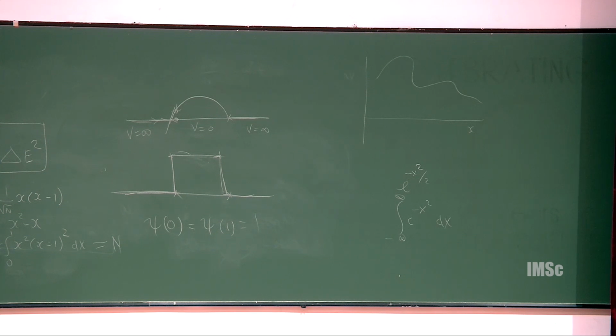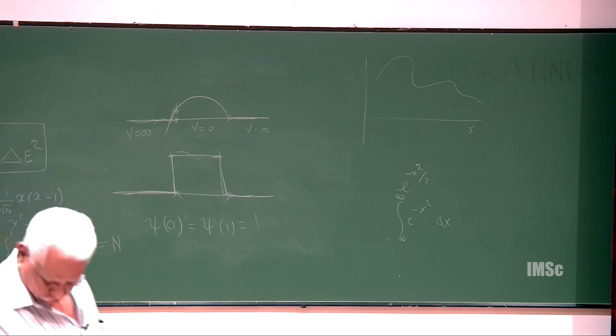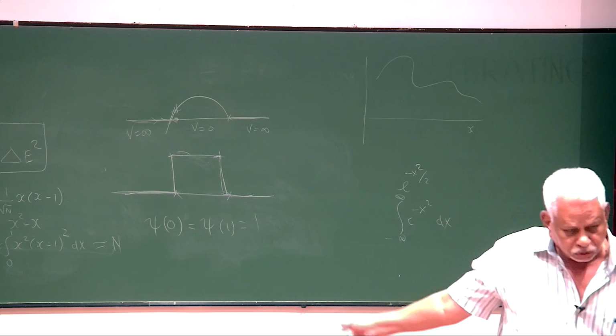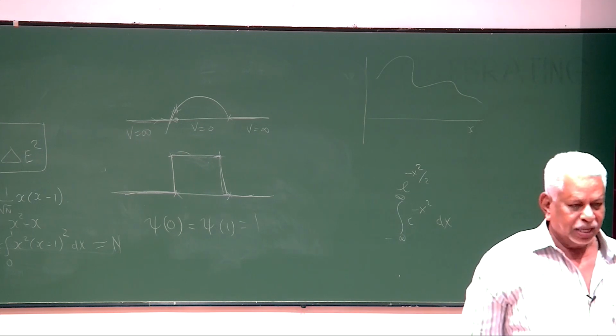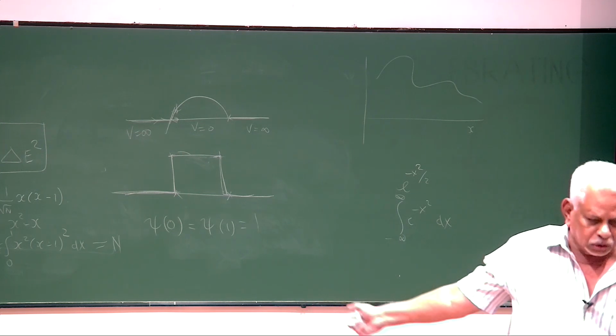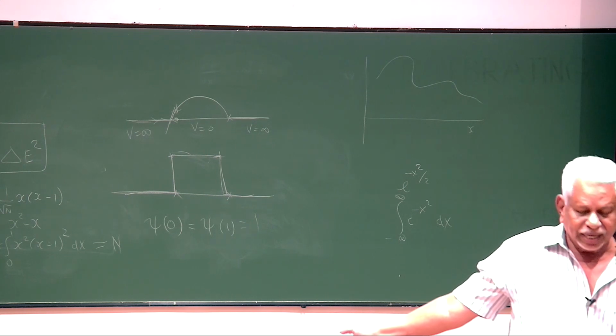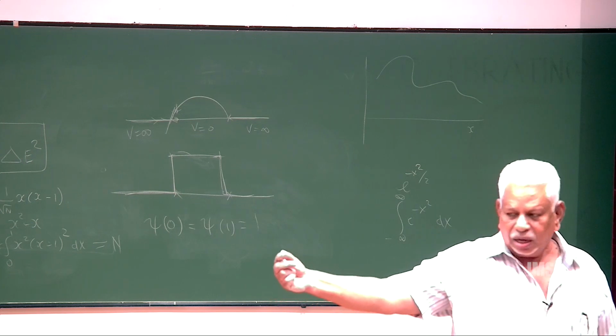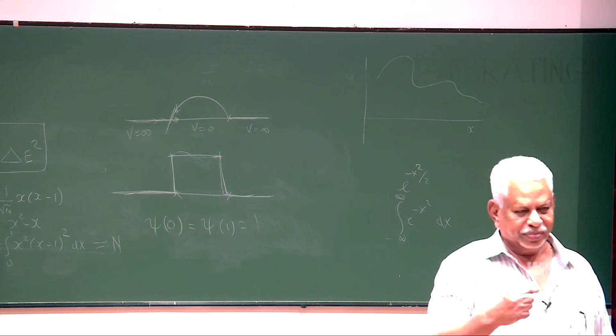So the question is, what is the one which you want? Is it allowed? Now actually you will find this is also allowed. It is equivalent to saying the particle goes and hits the wall, with momentum it comes back.